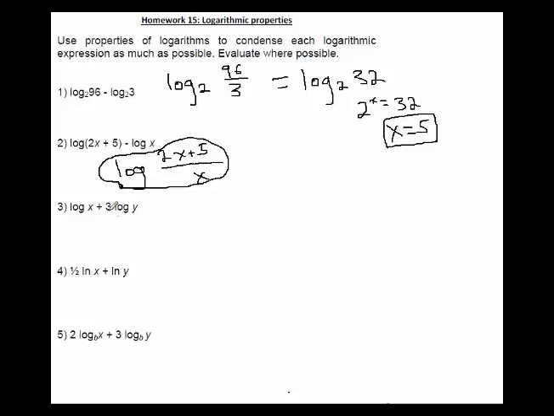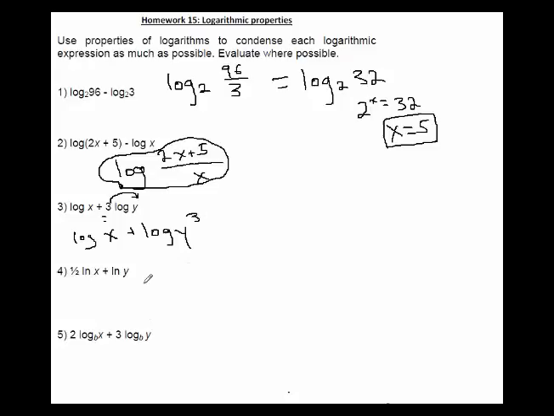Now this one, number 3, is something that we can do in both steps. Multiplying a logarithmic term is the same thing as putting the coefficient as the exponent of the term inside. If we leave log x for a second, this is really the same thing as log y to the 3rd power.